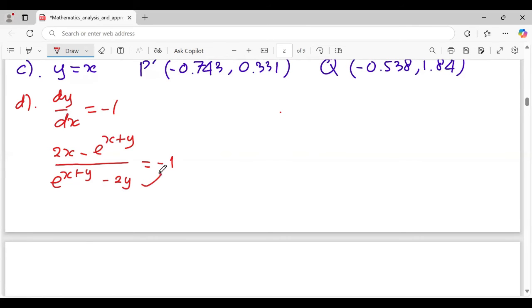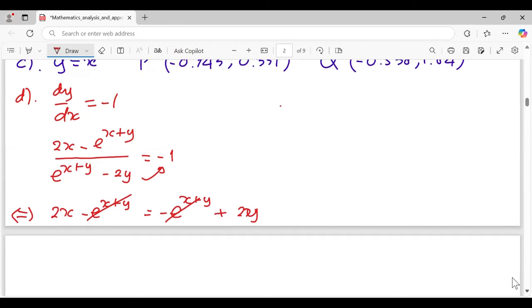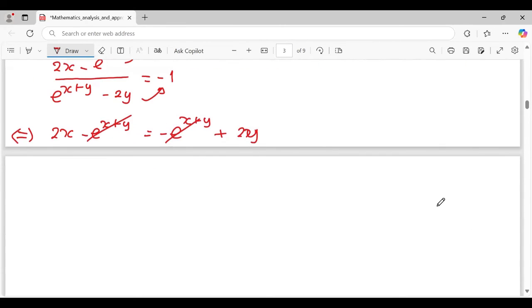After that, multiply. So it becomes 2x minus e power x plus y equals minus e power x plus y plus 2y. So 2x equals 2y.